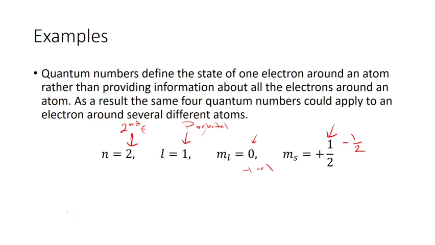What would the 4 quantum numbers be that would represent one of the core electrons in the second energy level of sodium? So these 4 quantum numbers would be the answer to several different questions. We can work through some of these in class just to get you used to how this works. It's not too tough. It's pretty straightforward because you have energy level, subshell, and then some arbitrarily assigned values for m sub l and m sub s.